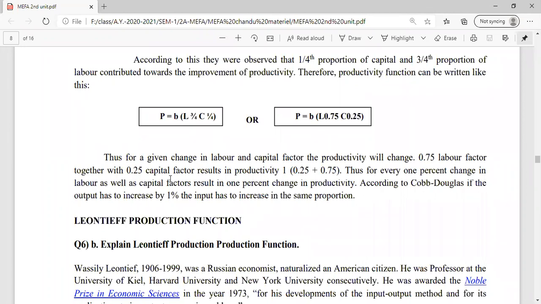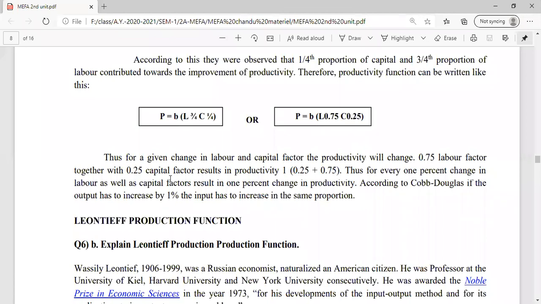So for example, I have given you that for producing 100 number of units, we require 100 rupees and 4 number of labor is required. So now what I have to do? I want to improve my productivity. So to improve my productivity, what I have to do?